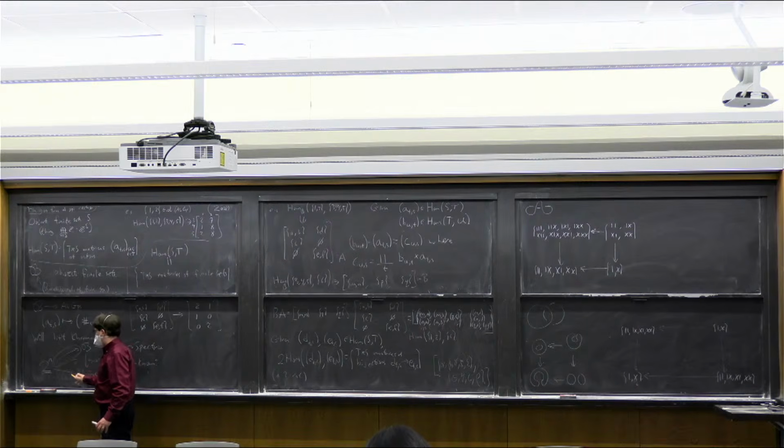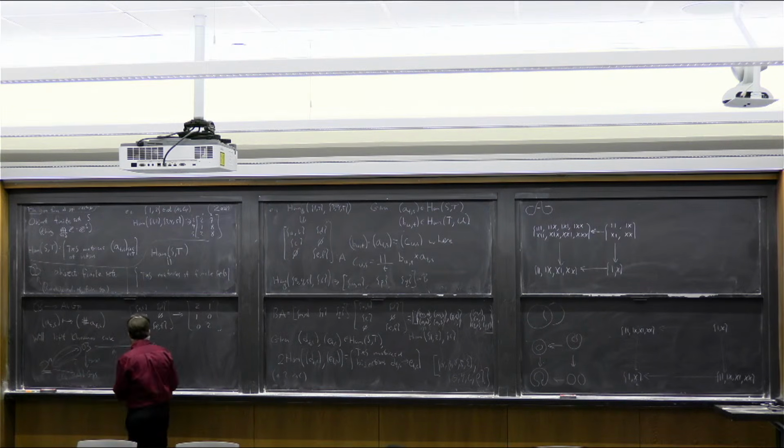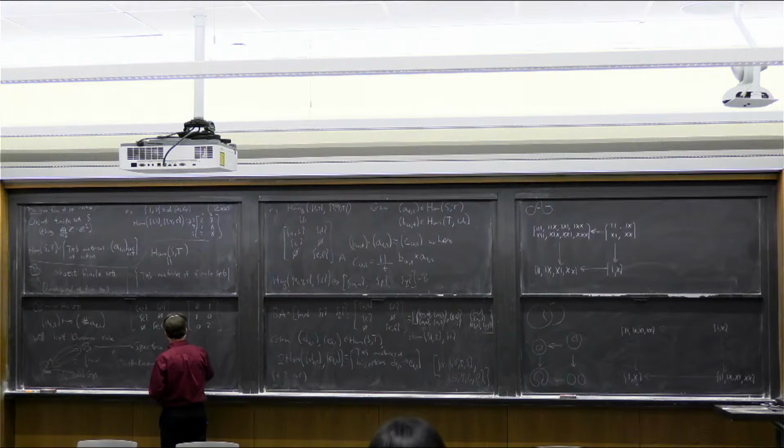I need to specify an abelian group for each vertex, a free abelian group. In other words, a set, and a group homomorphism for each edge. And then 2 to the n has lots of maps in it, right? Here's 2 to the 3.